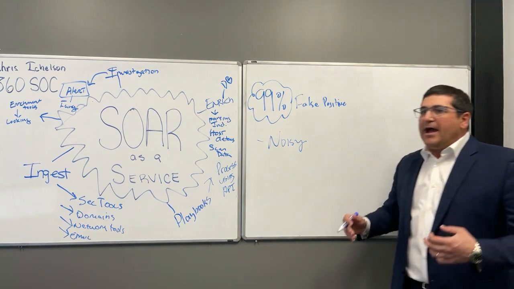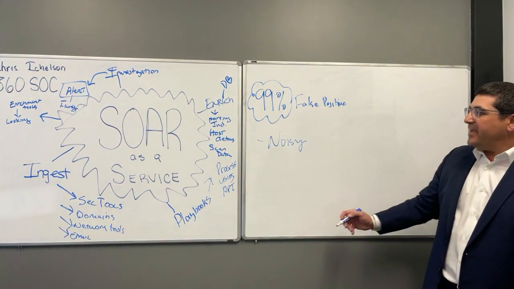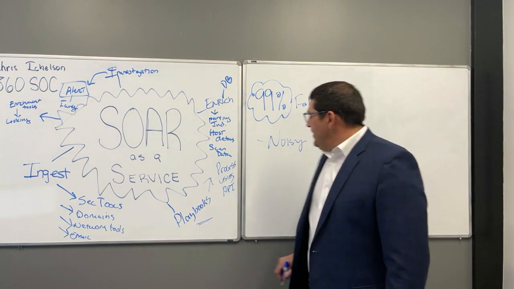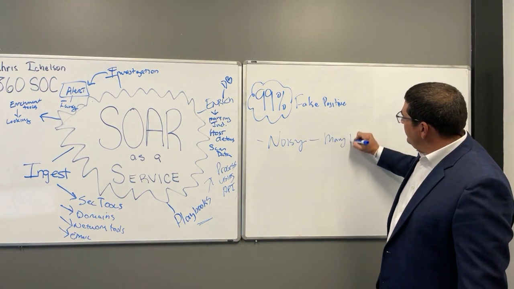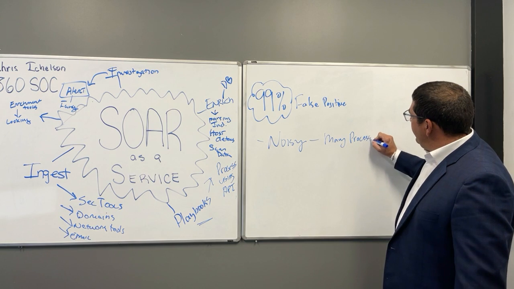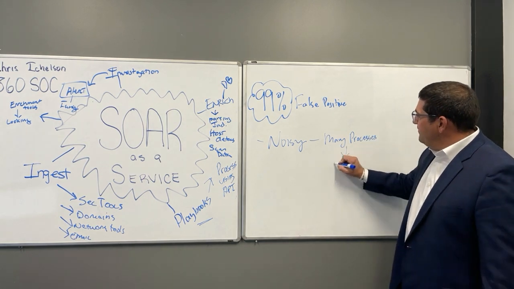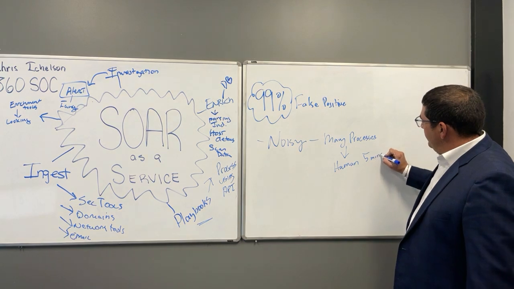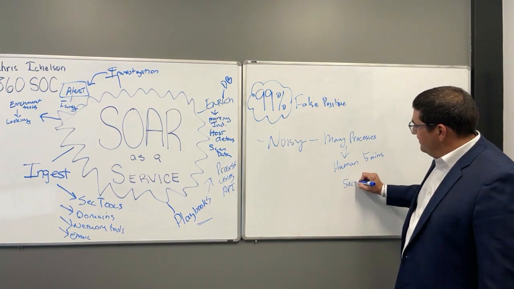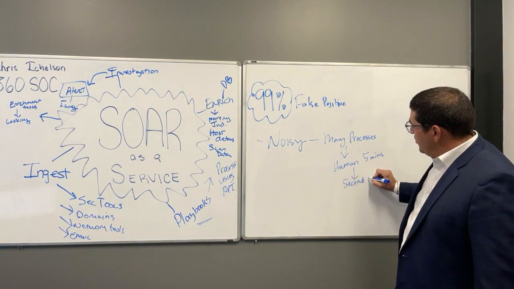The reason why SOAR allows you to be noisy is, again, playbooks. It's allowing us to run many processes, things that would take a human 5 minutes, take a second in the SOAR world.